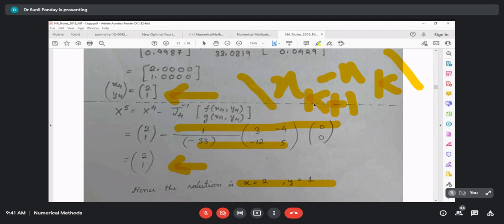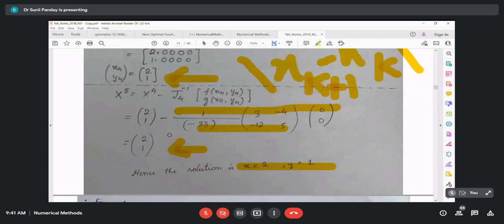Like if for k equal to 3 it is true, x4 minus x3 is less than 10 raised to power minus 3, and similarly y4 minus y3 is also less than 10 raised to power minus 3, then we stop. Such a stopping criterion is also provided to you in examinations whenever this kind of question is asked. You have to stop there because in general it's not like it comes out exactly the same.